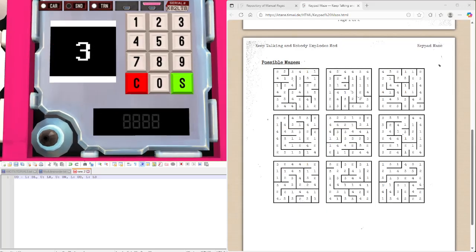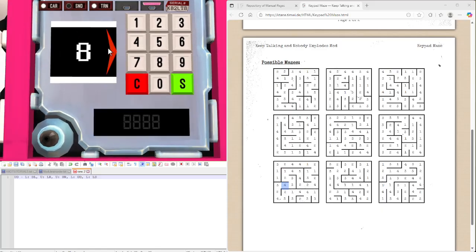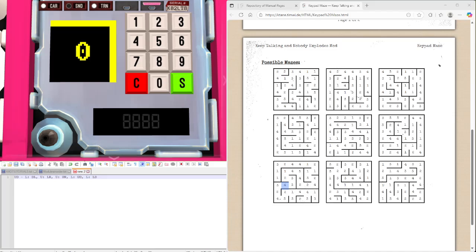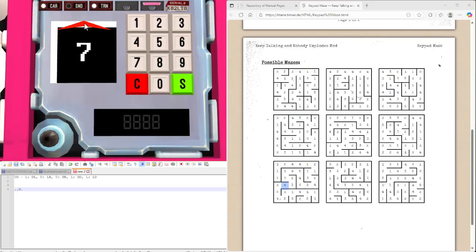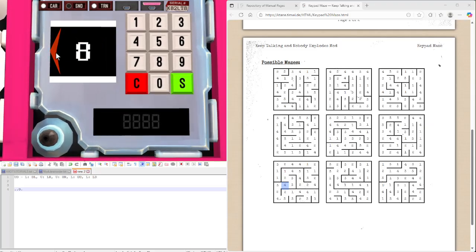Yeah, okay. So there. The third is 0. The fourth is 2.